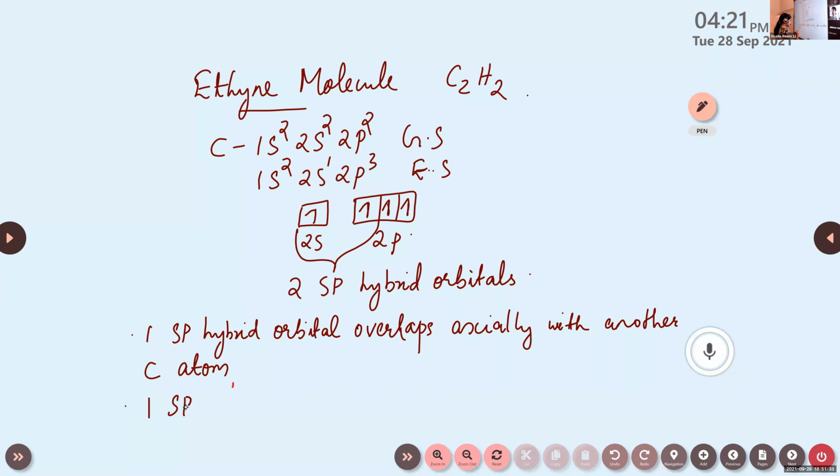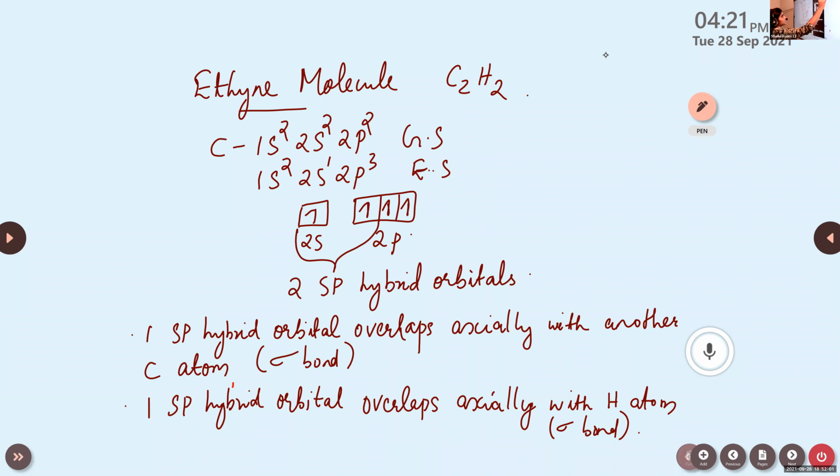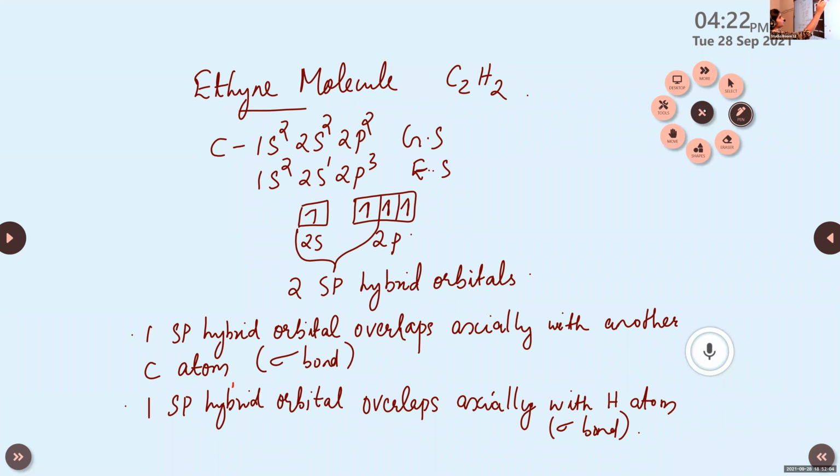Then one sp hybrid orbital overlaps axially with a hydrogen atom. In both cases, a sigma bond is formed. Here also it is a sigma bond, because axial overlapping takes place, right? Due to axial overlapping, the sigma bond is formed.